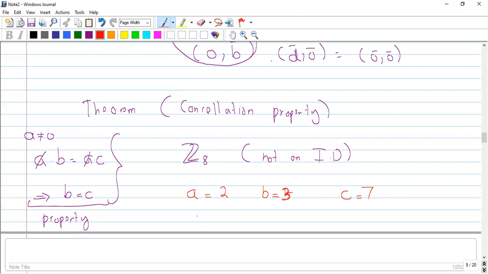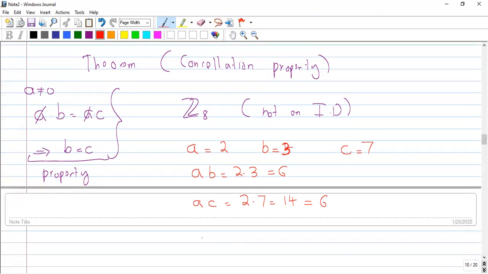So just आप a into b करेंगे. What is the meaning of this thing? 2 times 3, it is equal to 6. And a into c करेंगे, it is equal to 2 times 7, which is equal to 14, and 14 is also equal to 6. So actually this shows that ab is equal to ac.